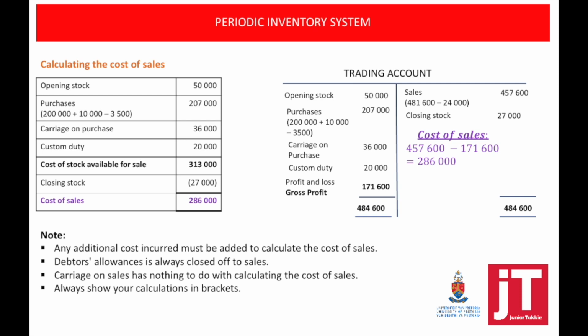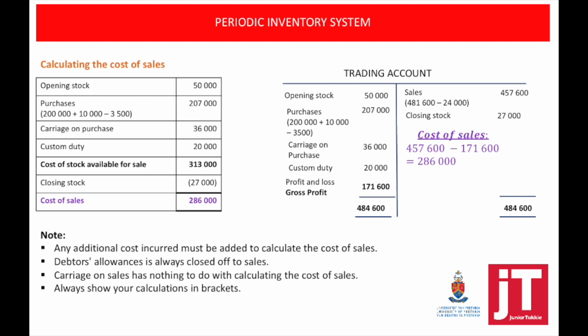We would always have our opening stock plus purchases plus carriage on purchases plus any other additional cost like custom duty minus the closing stock. And there's a particular reason why I've mentioned it in this way now. This is how we calculate our cost of sales.